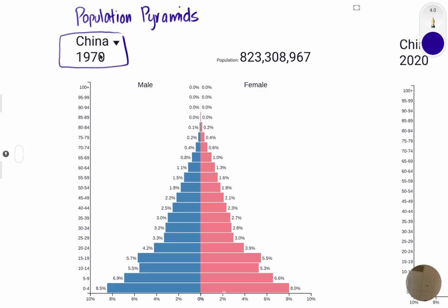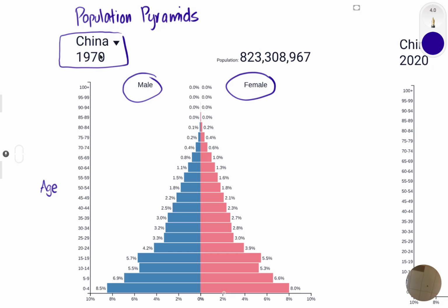And if we look at this graph, what we can see is that on this side there are males. So all the blue bars are males, all the pinkish bars are females. And on this side, it shows us age.